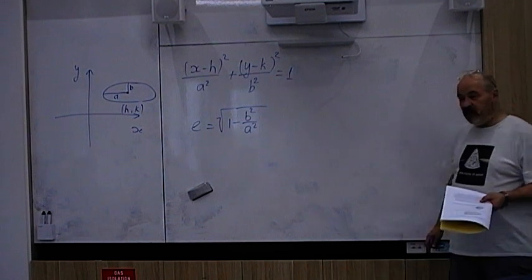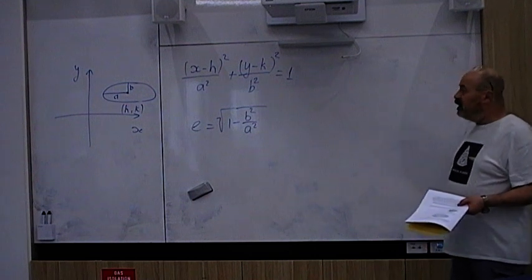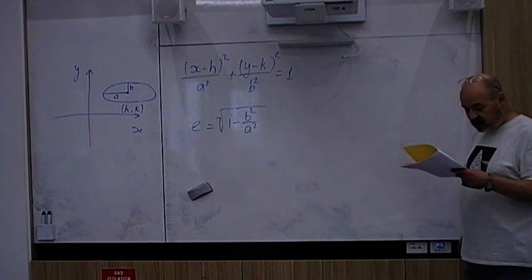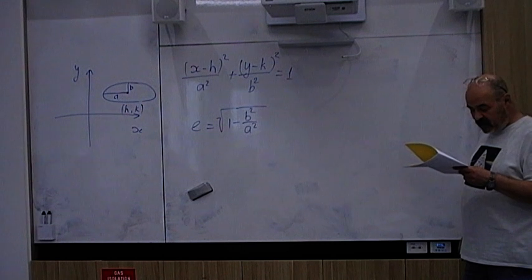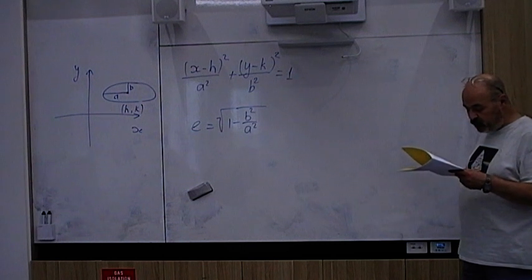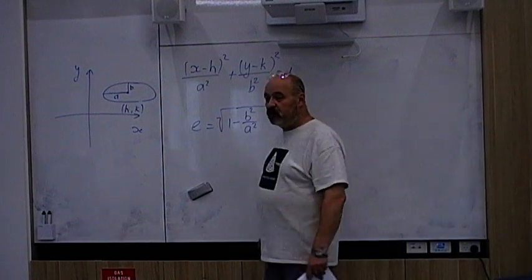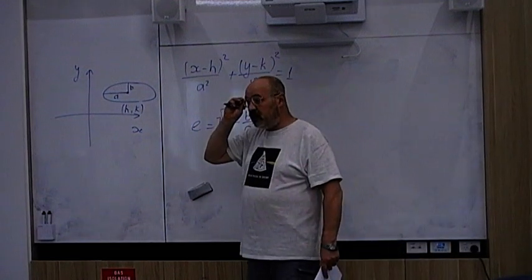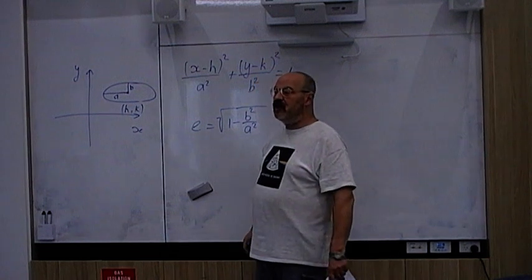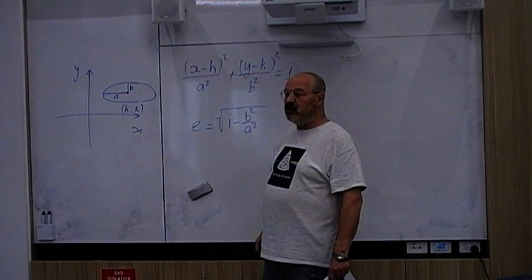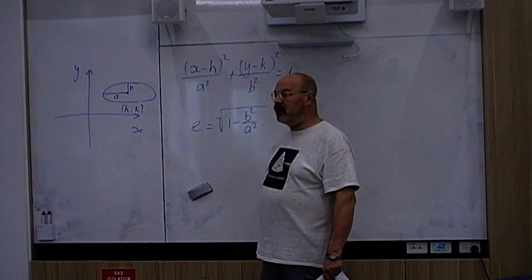There is another way of defining an ellipse. It is the ratio, not the same distance, but the ratio between the distance to one of the foci and the distance to another straight line, the directrix. This ratio will always be equal to the eccentricity of the ellipse, for any point on the ellipse.